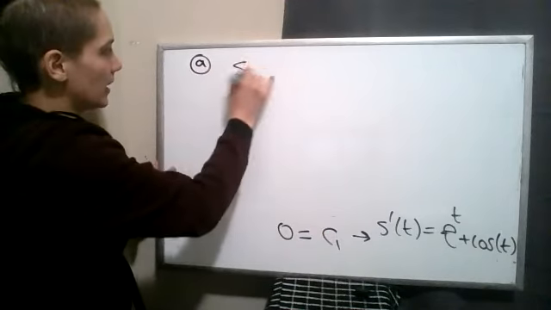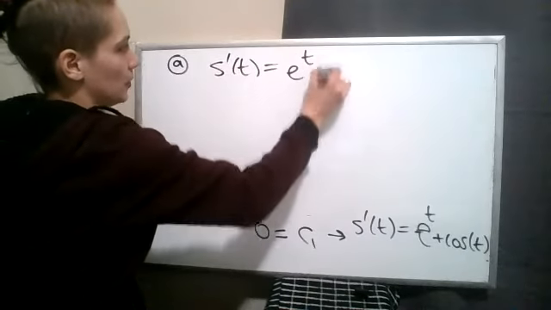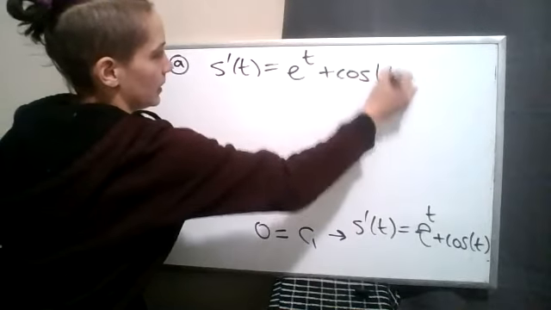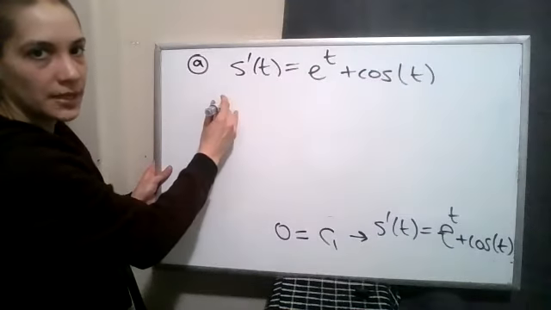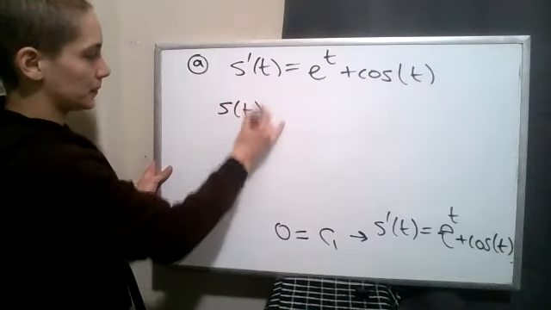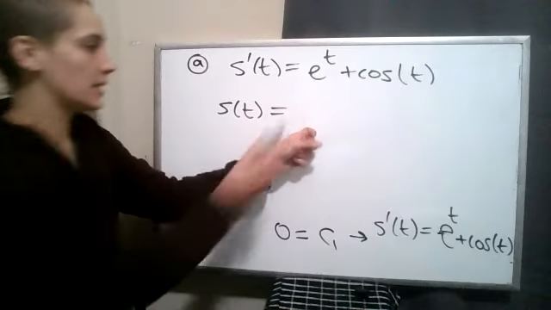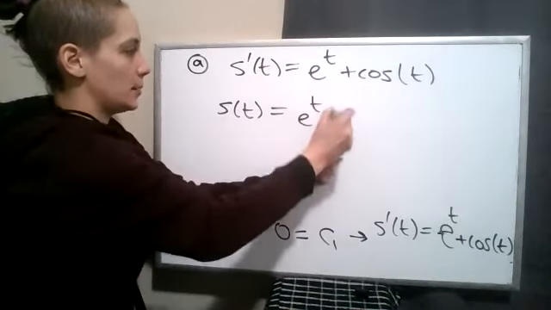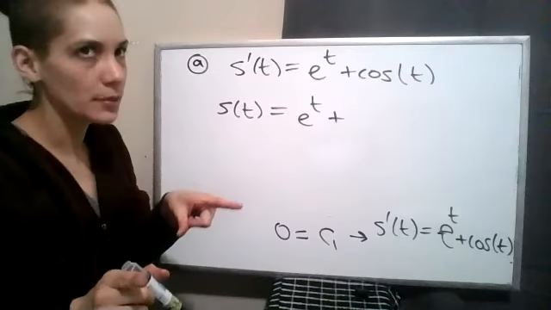Let's write it again. S prime of t is e to the t plus cosine t. Get the antiderivative s of t. Take this antiderivative, which is e to the t, copy down your plus sign. Antiderivative of cosine should be sine of t.